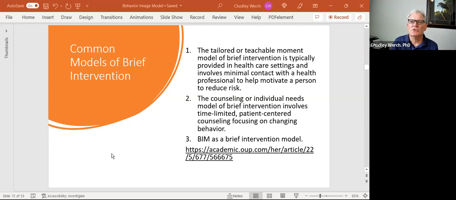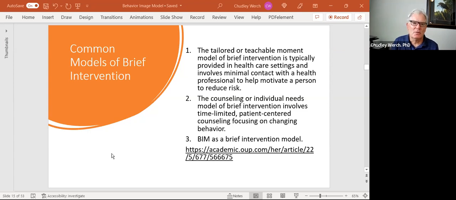And they then provide you some assessment and some recommendation. It's a teachable moment, an opportunity to address that risk behavior. A second type of brief intervention is the counseling, individual needs type, like motivational interviewing. It's time limited, patient-centered, and open-ended.